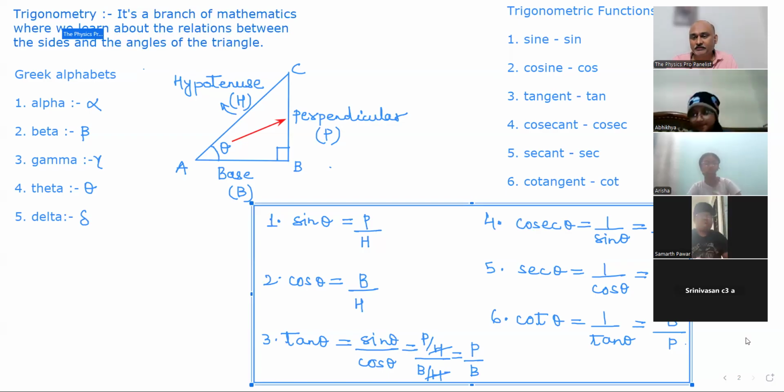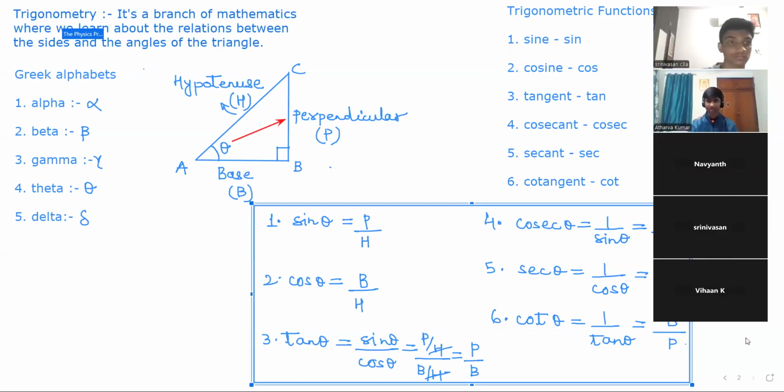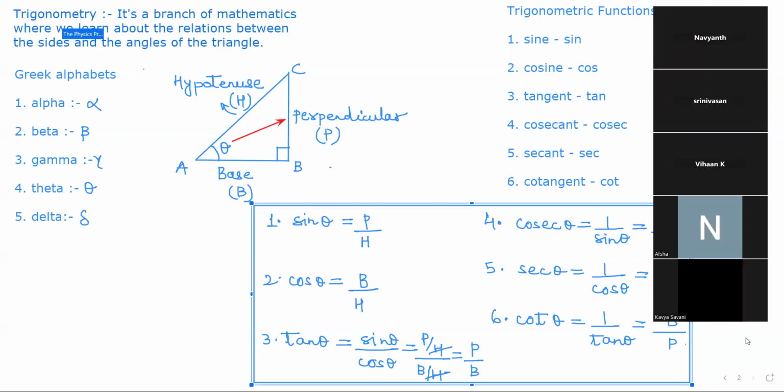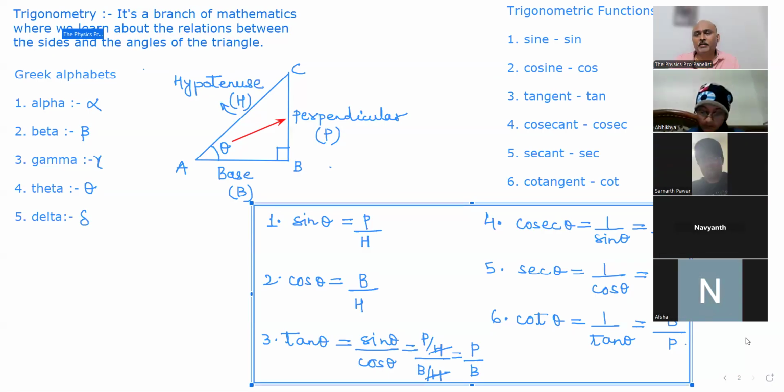Arisha, Samarth, Srinivasan, any doubts? No, sir. Navyant? No, sir. Vihan, Afsha, Kavya, any doubts? No, sir. Okay, please go ahead and make notes. And once you are done writing it, answer this poll. Okay, if you have done it, just put yes here in the poll.